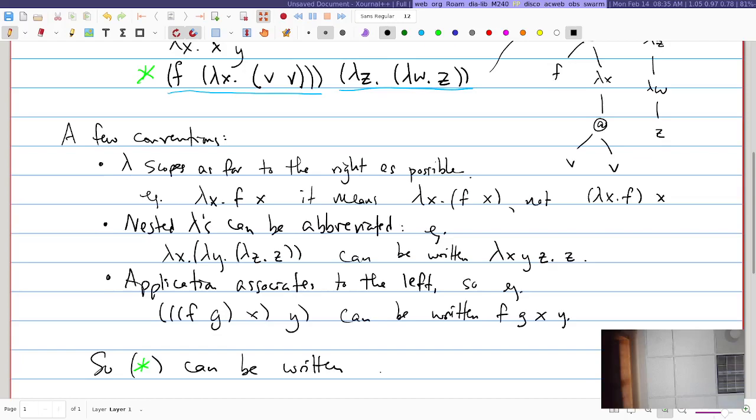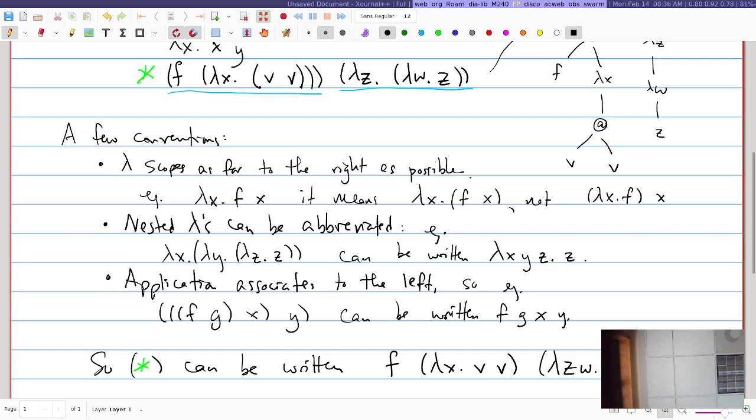And then these lambdas here, I can abbreviate as 1 lambda with 2 arguments. So I can write it f lambda x dot v, and lambda w dot v. It means the same thing. It's a little bit easier to read.